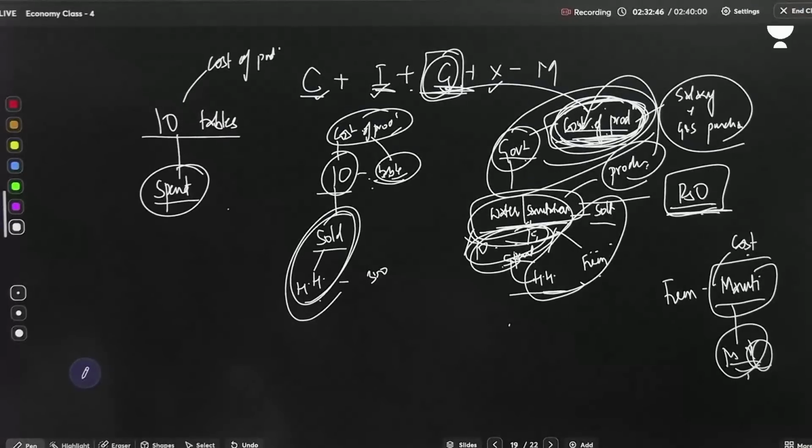The production of these goods and services will be estimated by calculating their cost of production.